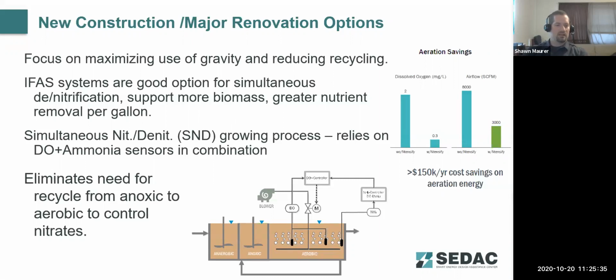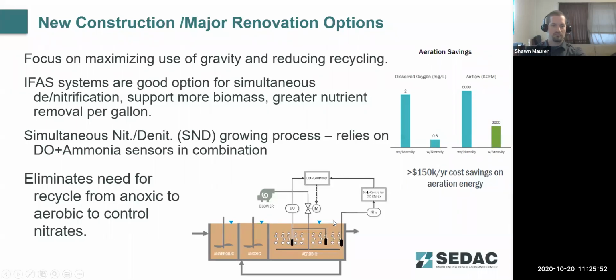denitrification load. And also eliminating the need for recycle from anoxic to aerobic to control nitrates by having that ammonia sensor added. So you can save a little bit of energy.